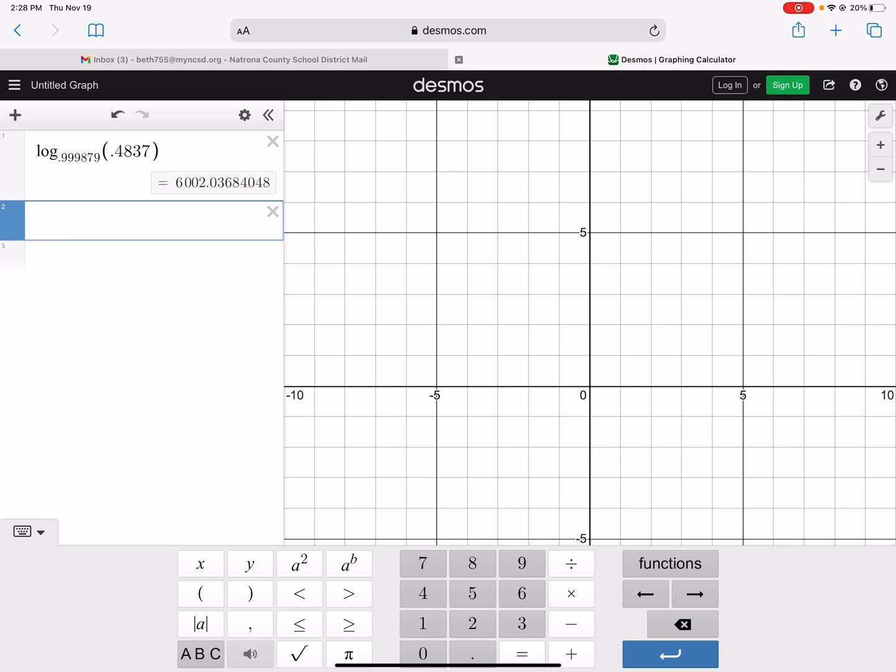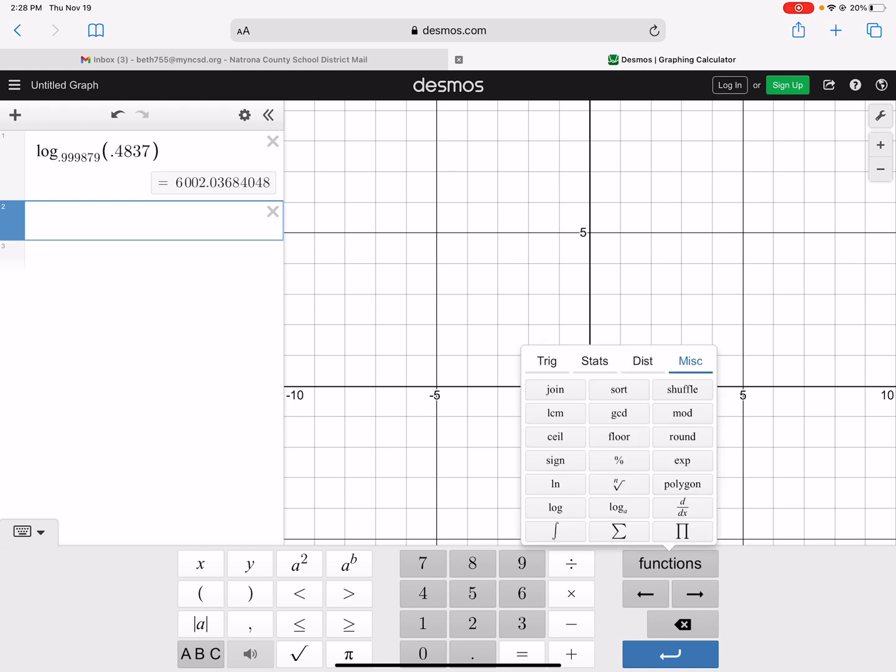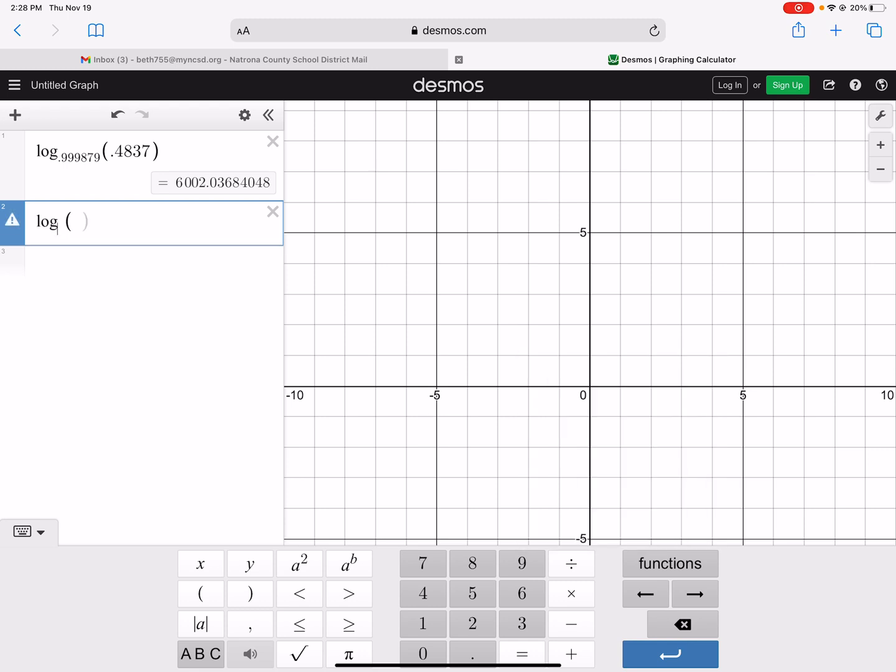Because I know someone's going to ask me, I thought you said we only had to round it 4 decimal places. So then if I went 0.9999 log of 0.4837, I'm off by 1,000 years. I'm off on my guess of my tree by 1,000 years.